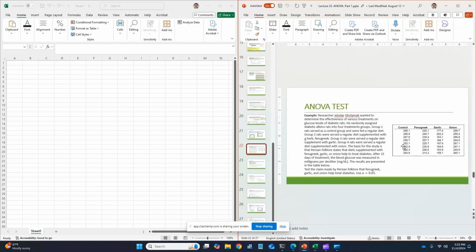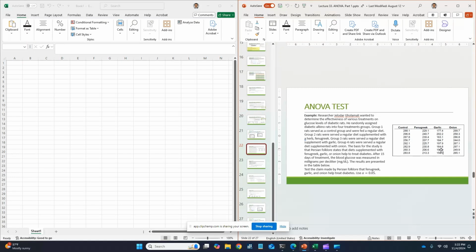Each sample is randomly assigned to one of these four treatments. Either they're in the control group or they receive fenugreek. Another group received garlic, another group received onions. And then, after 15 days of treatment, the blood glucose was measured in milligrams per deciliter.